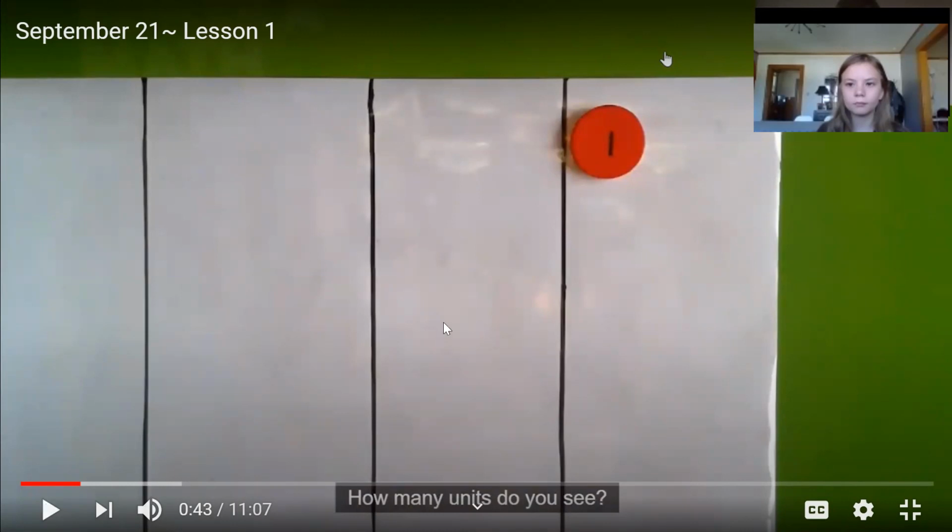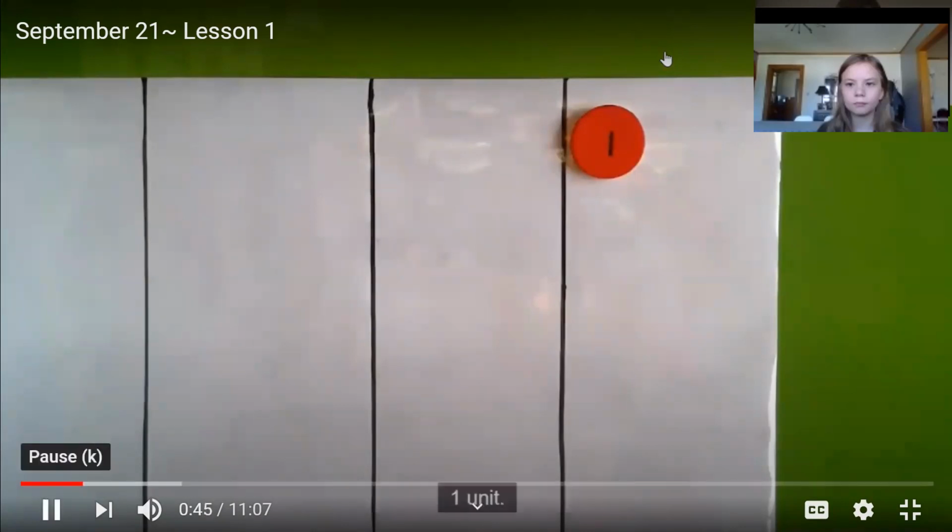Look right here. What do you see? 1. Very good. So what place value is the smallest place value? It's the 1s. Very good. And right now we have 1 unit in that column.